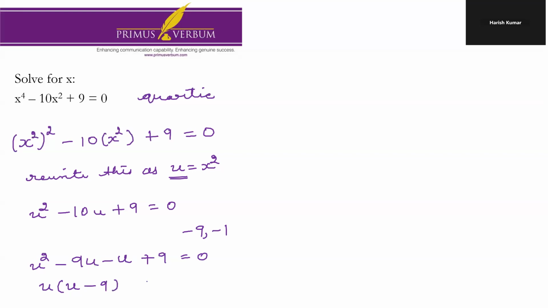Minus 9, and then you have u minus 9 and minus 1 equal to 0. So basically you get (u minus 9) and (u minus 1) equal to 0. Now what we have is (u minus 9) into (u minus 1) equal to 0.